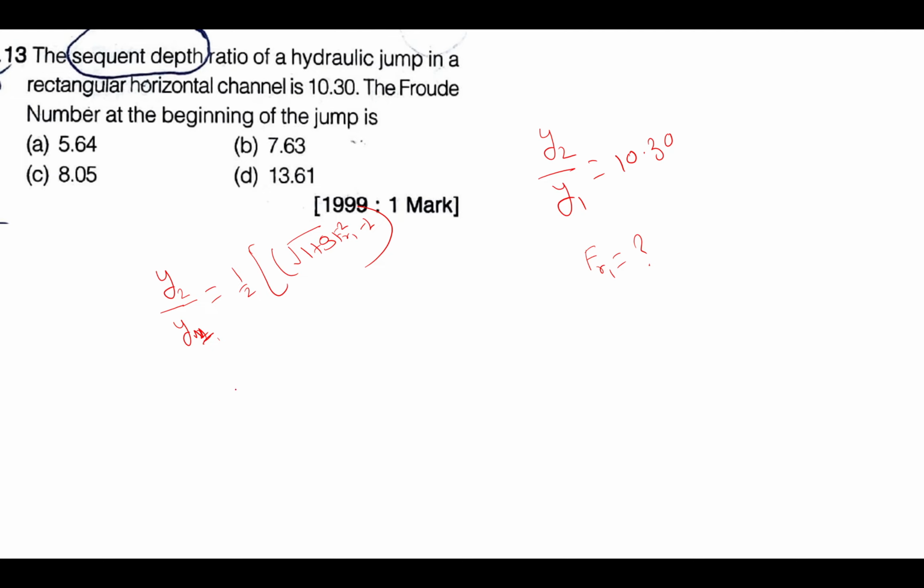When you put in all the values, 10.3 is equal to half of that. The only unknown is Fr1. 1 is outside of the under root, so you can easily calculate the value of Fr1. Fr1 comes around 7.63. So option B will be correct for this.